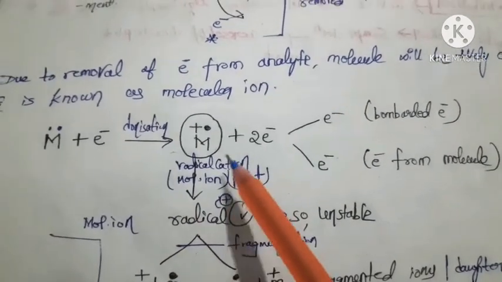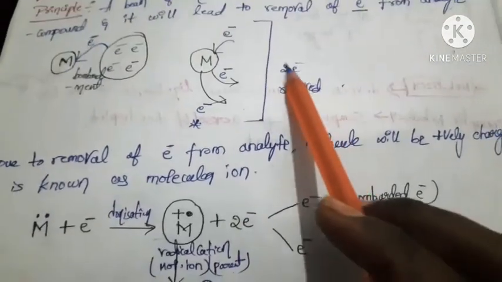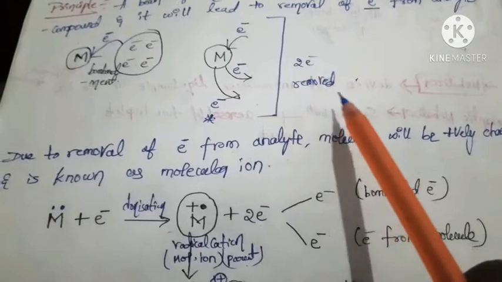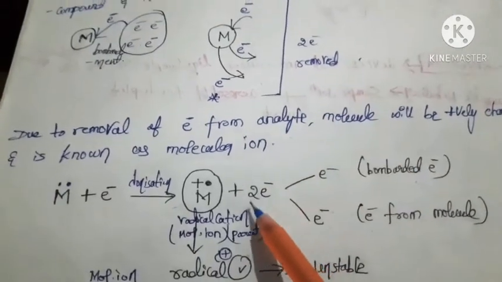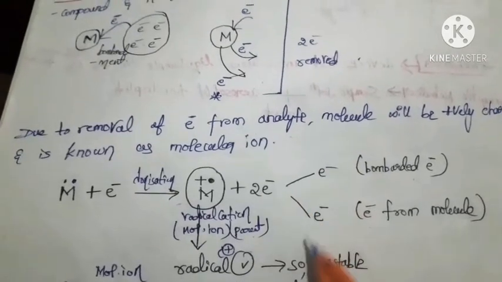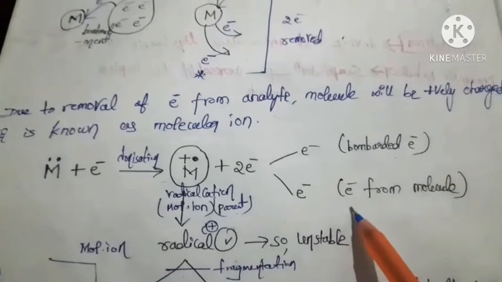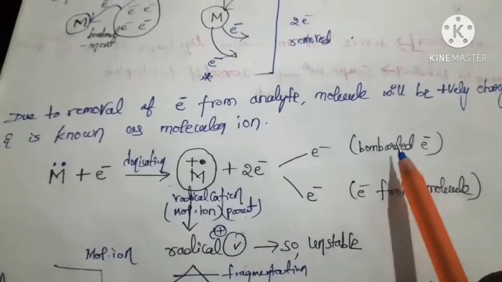Here two electrons are lost, we already discussed, no? After the bombardment two electrons are removed. Among these two electrons, one is the bombarded electron and the second electron is from the molecule. This is very important, friends.